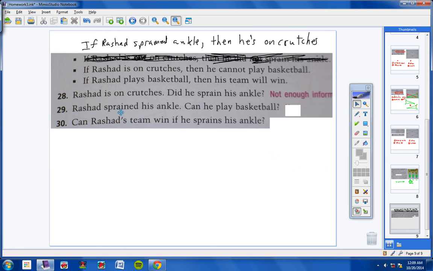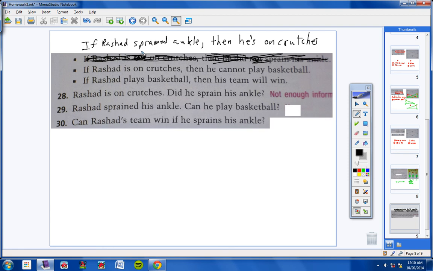Let me explain why. If Rashad is on crutches, did he sprain his ankle? Now look carefully. It says up here, if Rashad sprains his ankle, then we know he's on crutches, okay? But it does not say if he's on crutches, then we know he sprained his ankle. There's a big difference, okay?